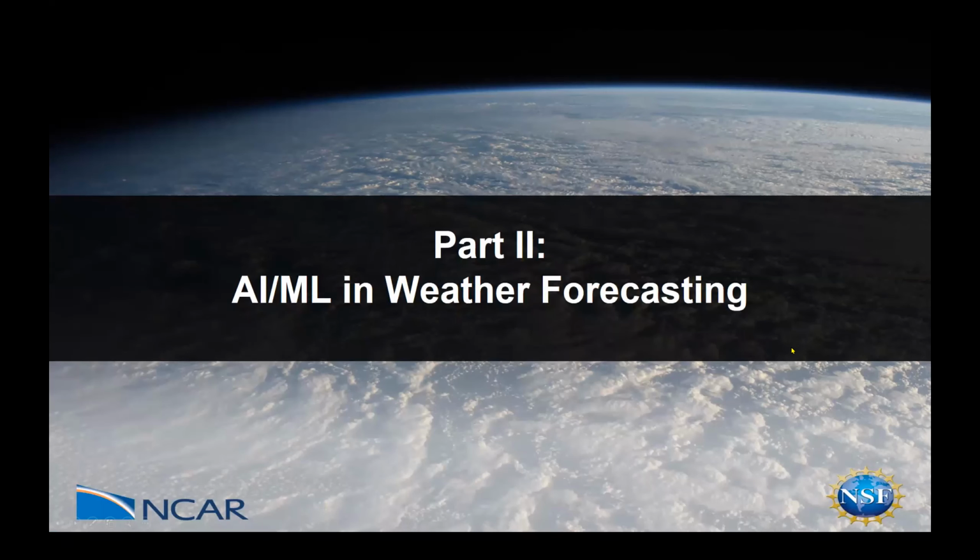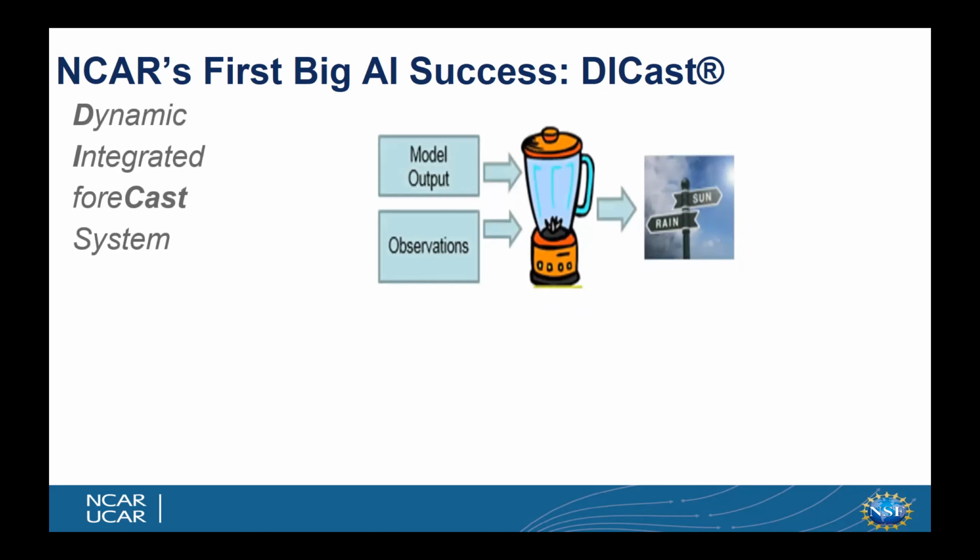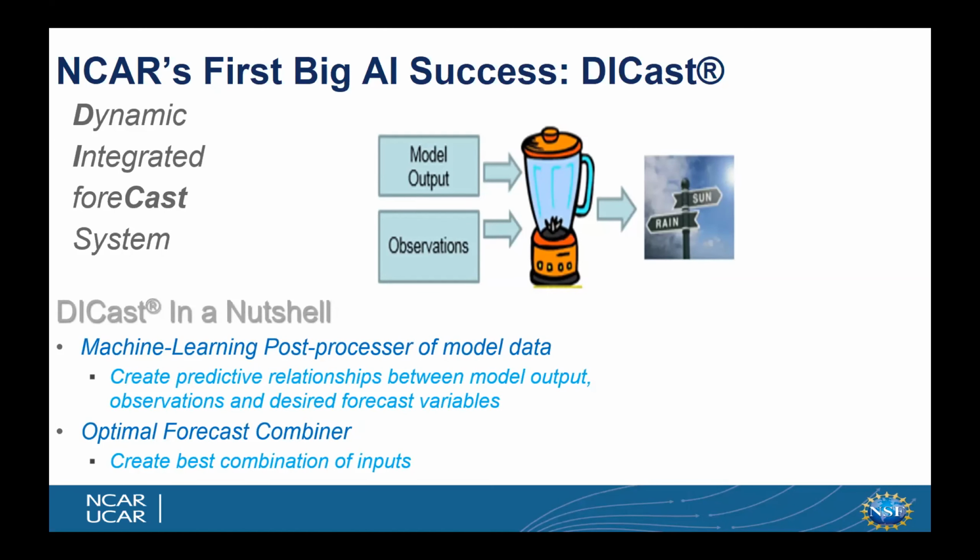Okay, now we'll talk a little bit about specifics. How have we used AI and machine learning in weather forecasting? Well, at NCAR, the first big AI success was building DICast, the Dynamic Integrated Forecast System. DICast uses output from the numerical weather prediction models, brings in observations, has a historical record of the two, blends them in smart ways, and makes predictions of weather variables.